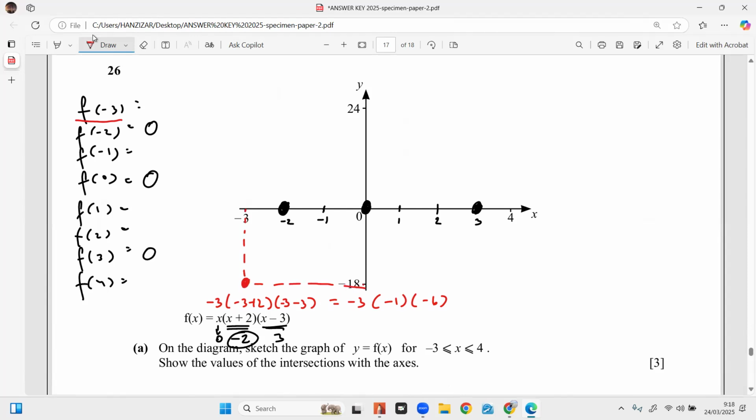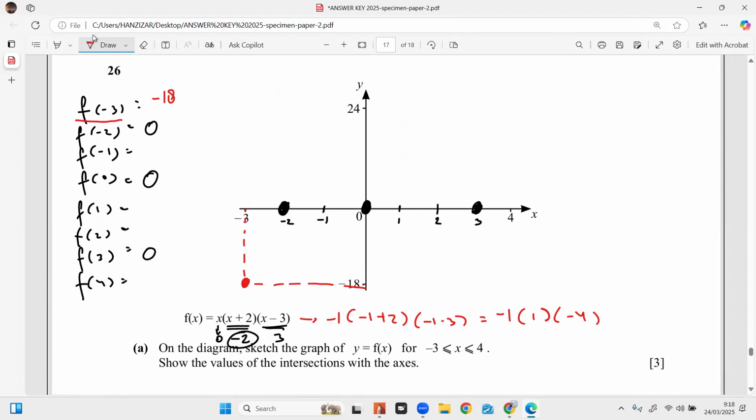If -1, write it down, guys. You change all the x by -1: -1, -1 plus 2, -1 minus 3. So -1 times 1 times -4, which is 4. Look at this, we have 24. So this is 12. You divide by 3 parts. This is 4.